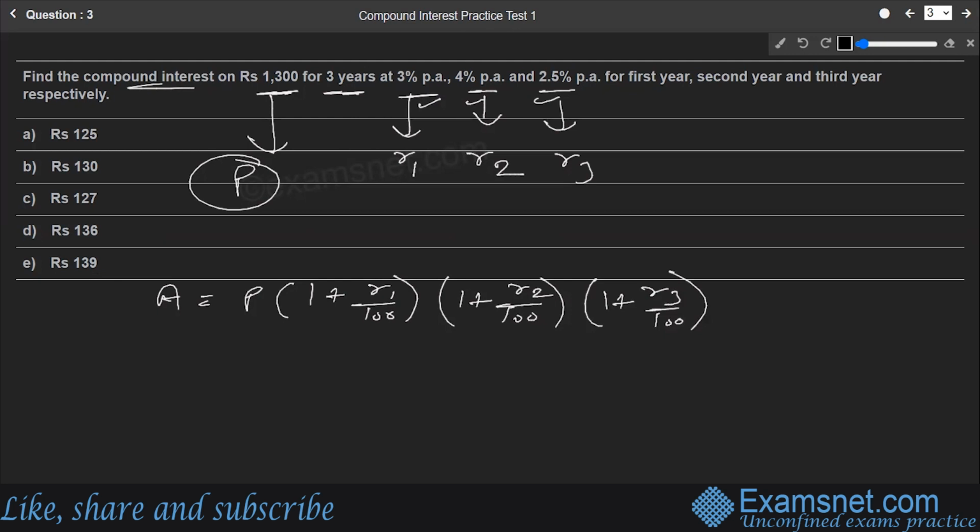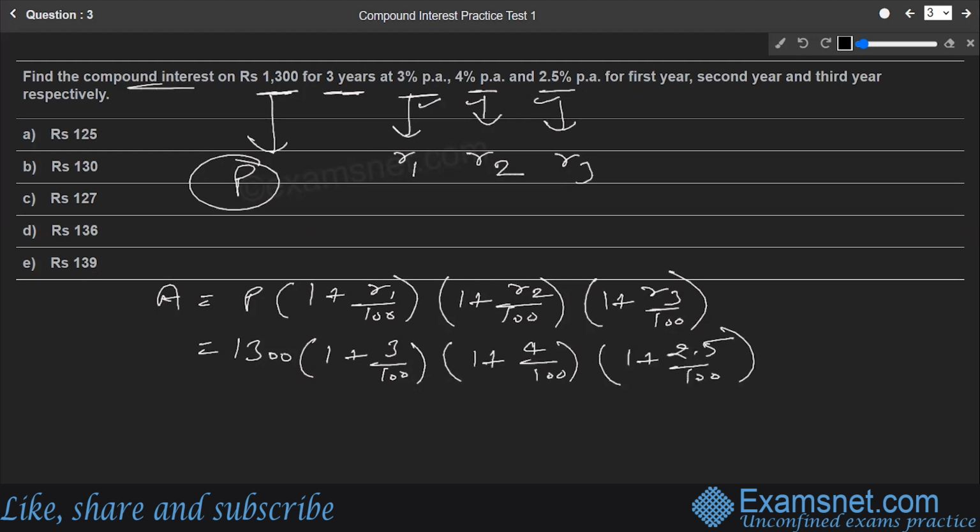If we put all the values inside, the P value is 1300, and the first factor is 1 plus 3 by 100, the second is 1 plus 4 by 100, and the third is 1 plus 2.5 over 100. If we solve this, it is approximately coming out to be 1427 rupees. That is the amount value.